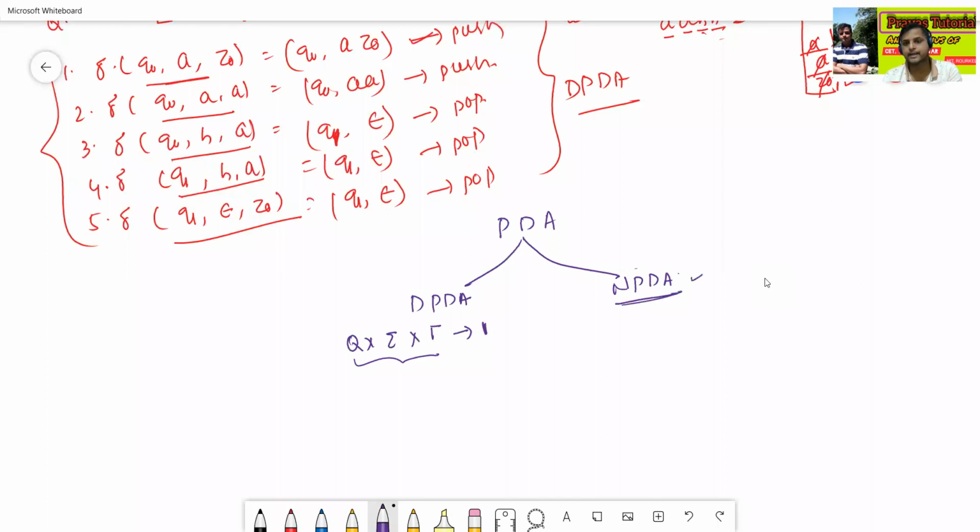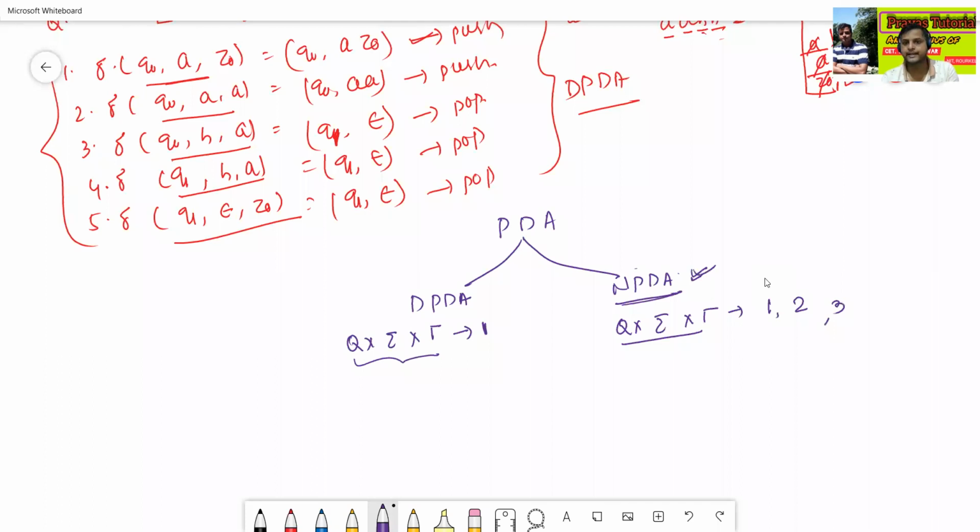But in the case of NPDA, for one input there may be one operation like push, or two operations like push and pop, or three operations like push, pop, or skip.